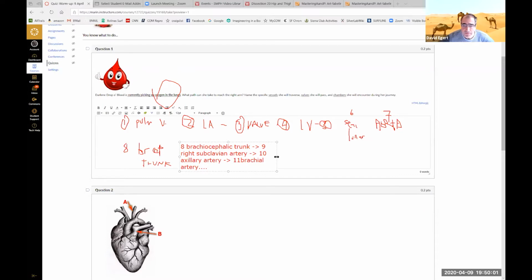As I have these kind of questions, sometimes she might be in your big toe and she has to go back to the lungs and get the oxygen and then come back to, so it could very well be there's many more steps involved. Since this is a warm-up, this is just a short little journey.